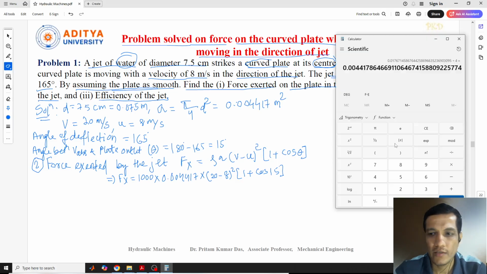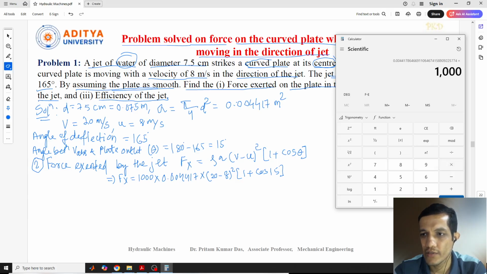As per this, I'll directly multiply 1000, multiply 20 minus 8 squared, that is 12 squared, which means 144, multiply the bracket 1 plus cos 15.